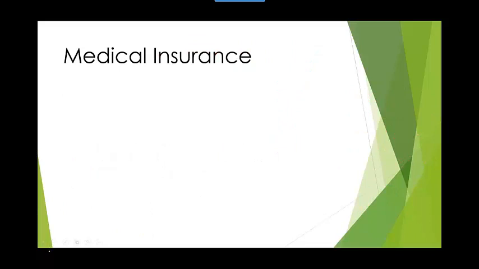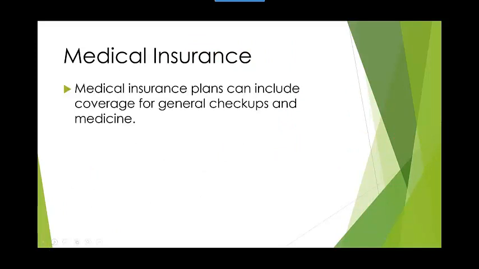Okay, so just one more scenario I want to go over here, and that's medical insurance. Medical insurance plans generally include coverage for certain things, different things for every plan. But things like, you're allowed one annual checkup for normal physical stuff, one dentist appointment every 6 months, things like that.